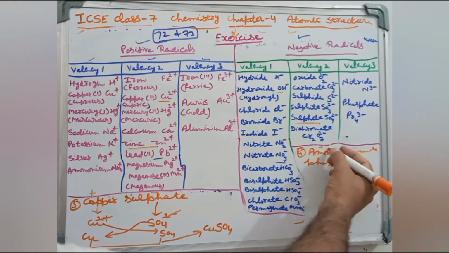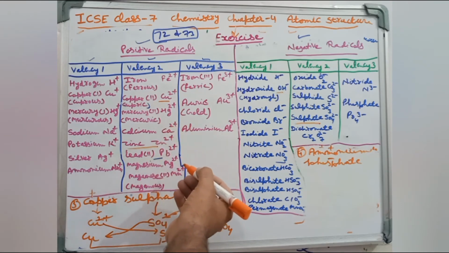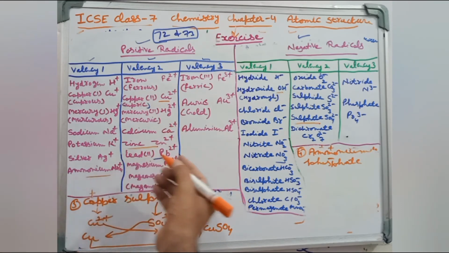So first step, positive and negative. Ammonium is positive and phosphate is negative. So we will look for ammonium in the positives. Where is ammonium? This, only one valency.